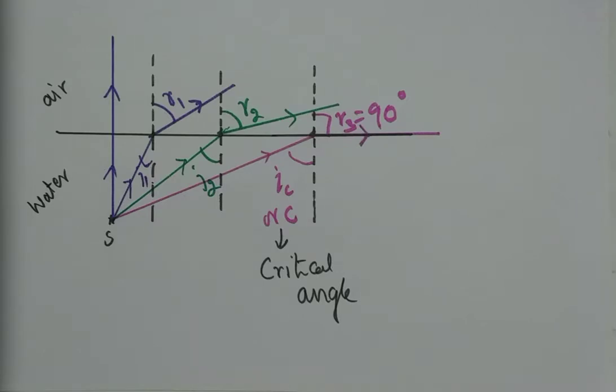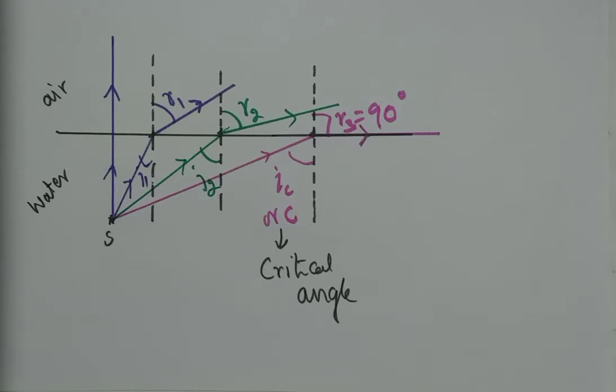Observe, it is not required to say denser to rarer. Why? Because in this case, the angle of refraction becoming 90 is possible only when the light moves from denser to rarer, as angle of refraction is larger than angle of incidence.